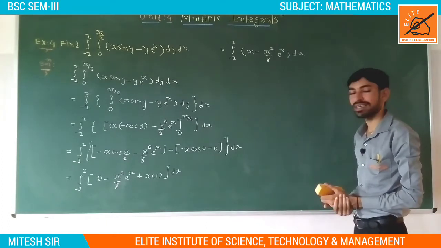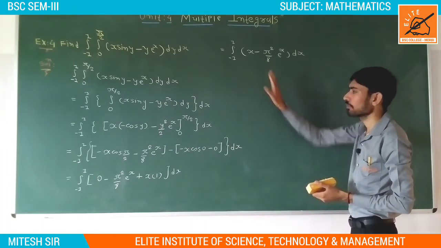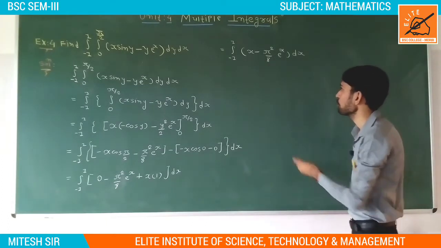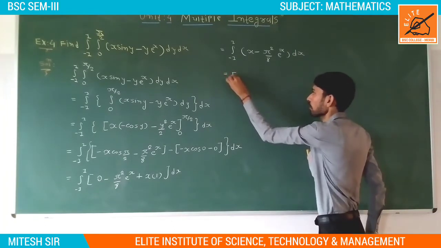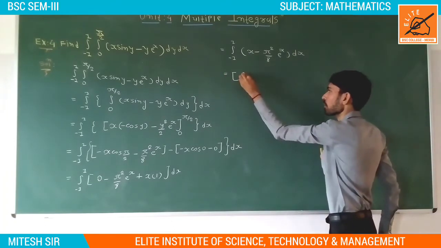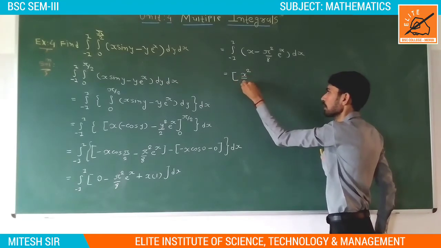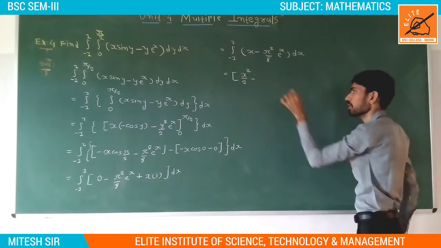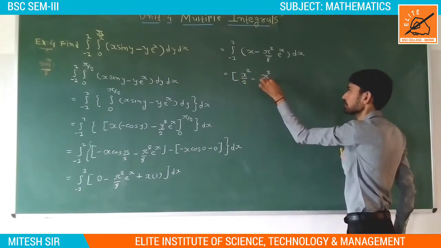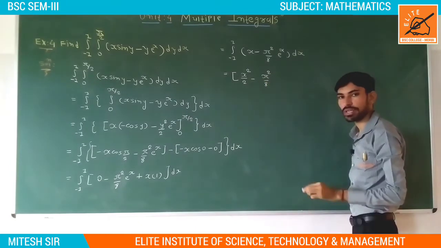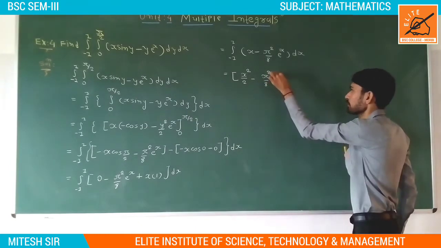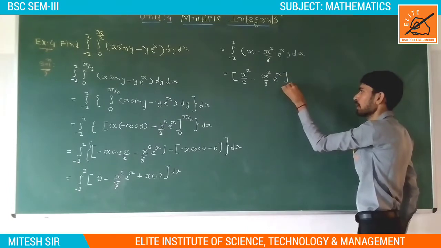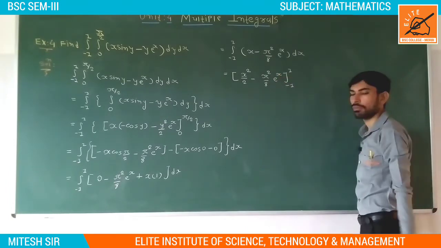Friends, the positive term x we wrote first and then -π² upon 8 e raised to x. So this is the single integration. Now we integrate this function with respect to x, and we can easily do this. The integration of x is x² by 2, minus π² upon 8 as a constant as it is, and as we know, the integration of e raised to x is e raised to x. Now we apply the limit integration -1 to 1.